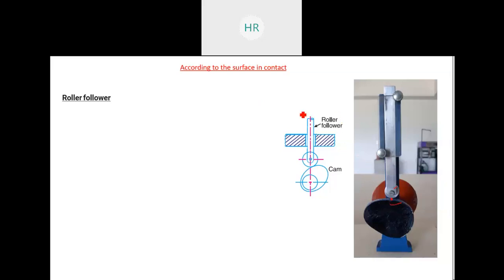This is the figure from the book. This is a roller follower and a cam profile is shown below. So roller follower: when the contacting end of the follower is a roller, you can see here at this point we are having a roller, then it is called a roller follower.